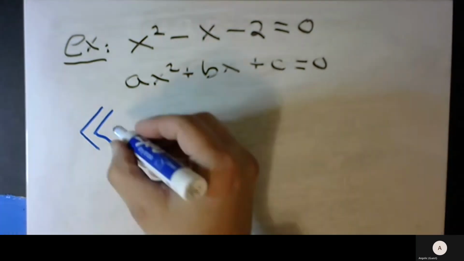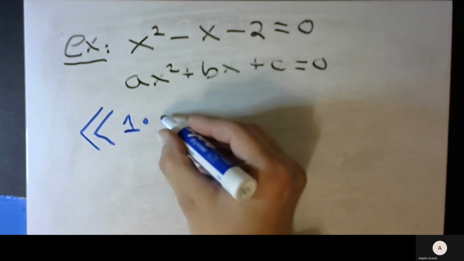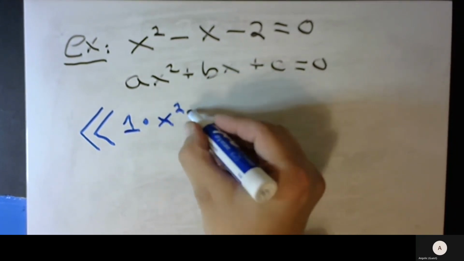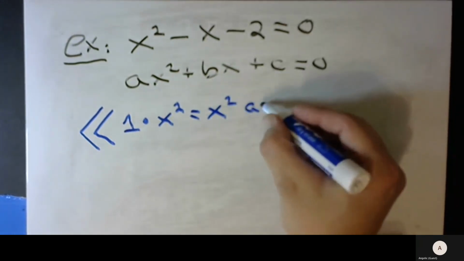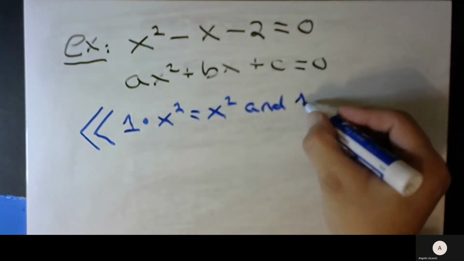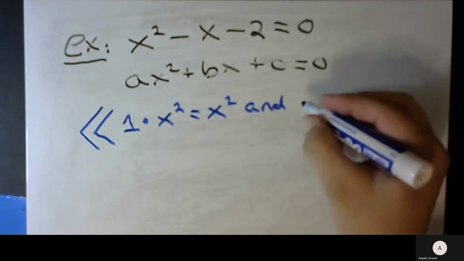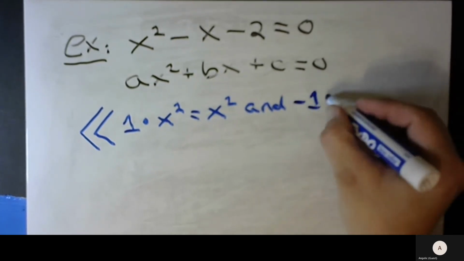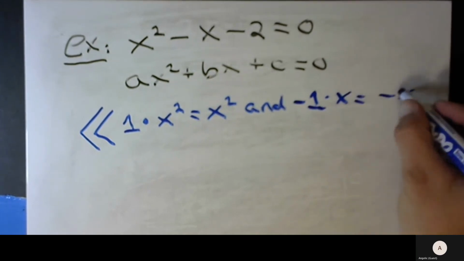And the reason for that, this is sort of an internal note, 1 times x squared is just x squared. And this is going to be our next step, negative 1 times x is going to be equal to minus x.